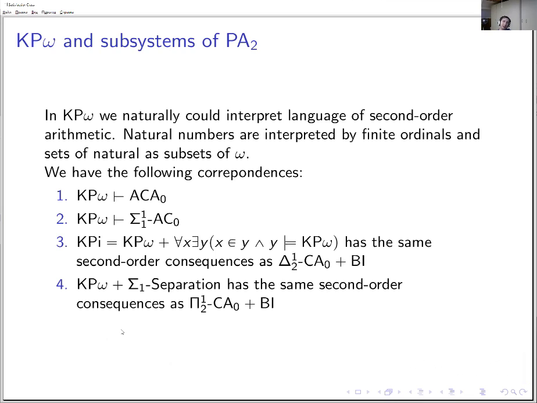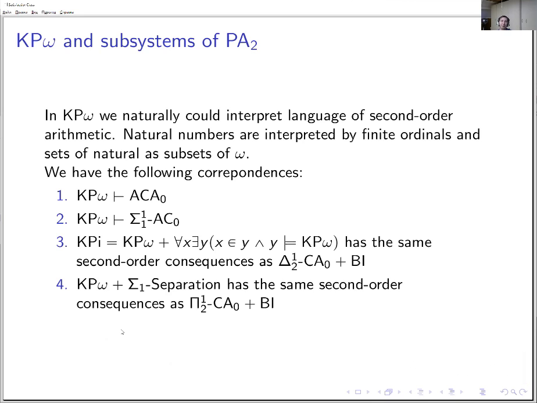And if you add to KP omega principles of separation, then you will get comprehension in second-order arithmetic, but just one level above.